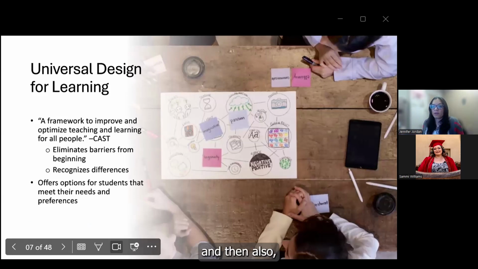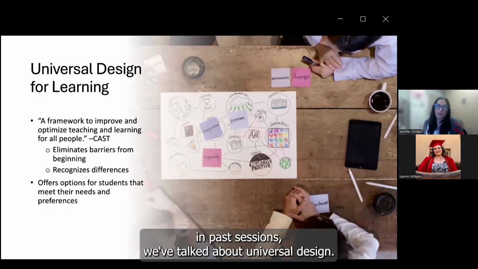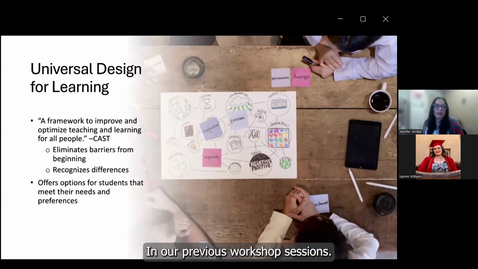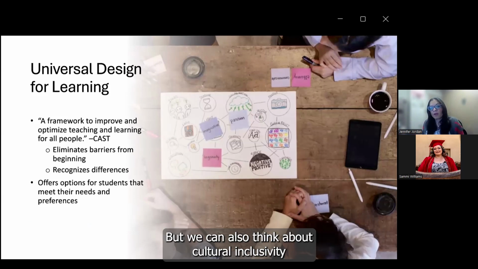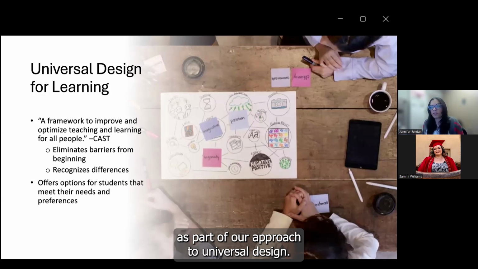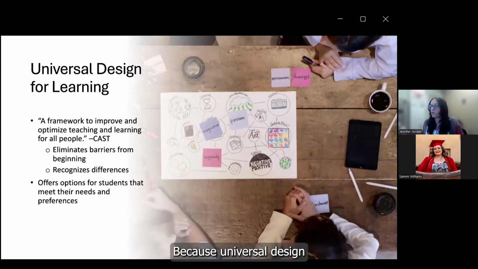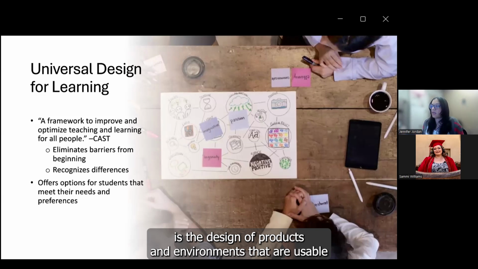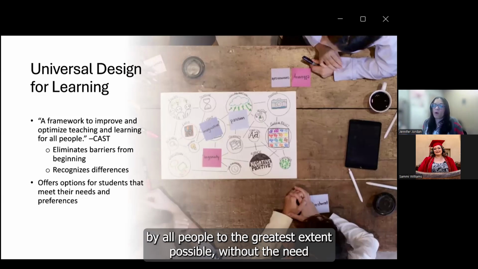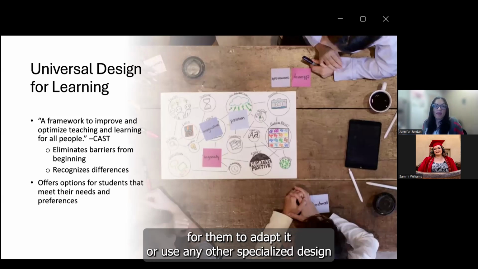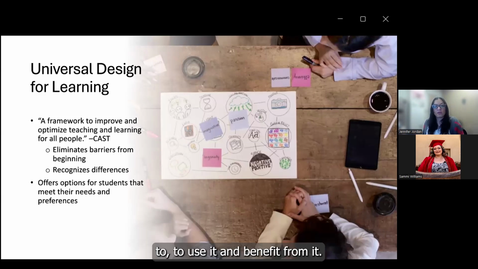And then also, in past sessions, we've talked about universal design in our previous workshop sessions. But we can also think about cultural inclusivity as part of our approach to universal design, because universal design is the design of products and environments that are usable by all people to the greatest extent possible without the need for them to adapt it or use any other specialized design to use it and benefit from it.